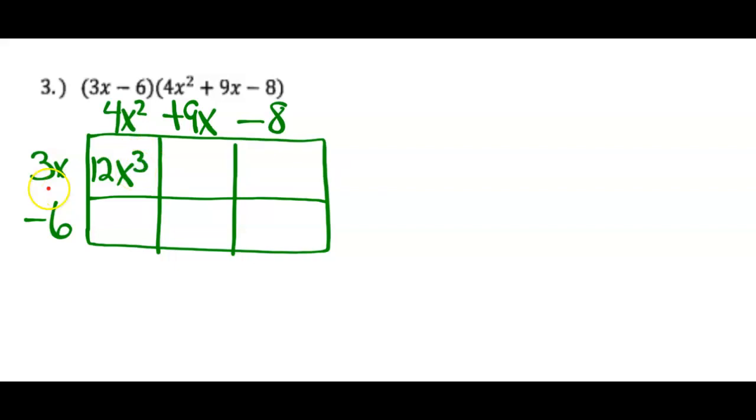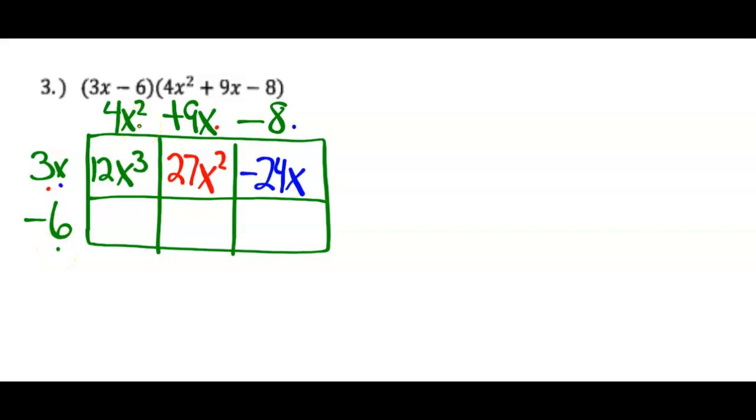Now I'm going to take my 3x and multiply it by 9x. 9 times 3 is 27. X times x is x squared. And now I'm going to take my 3x and multiply it by my negative 8. Negative 3 times negative 8 gives me negative 24. My x comes along for the ride. Now I have to go again. Now I have to do my negative 6 times my 4x squared.